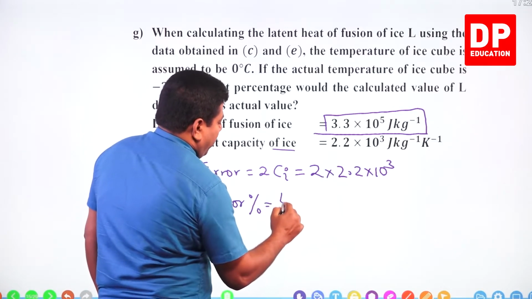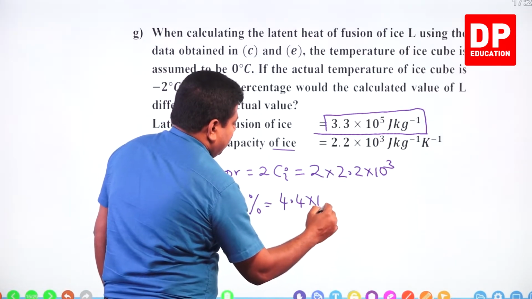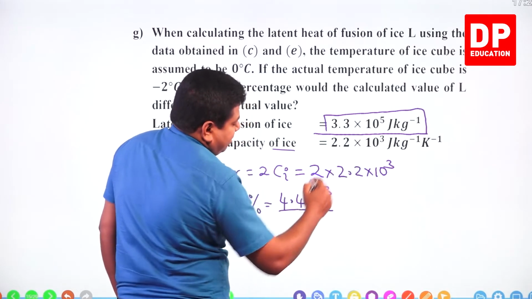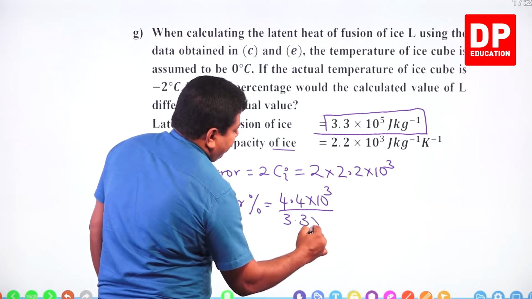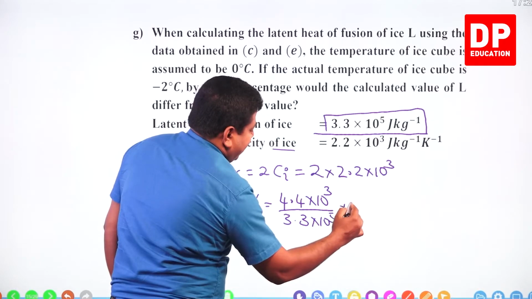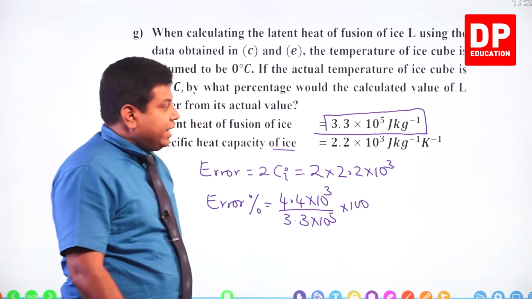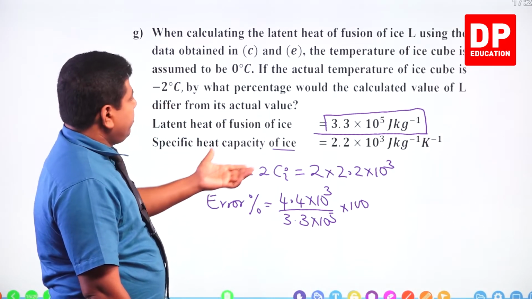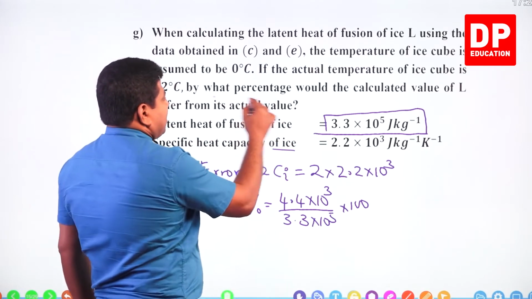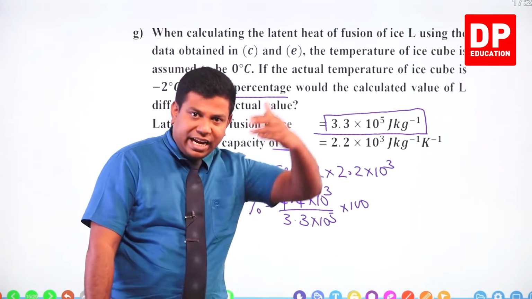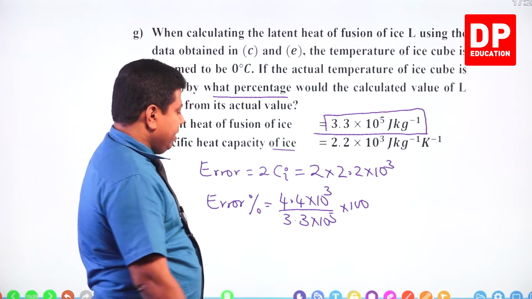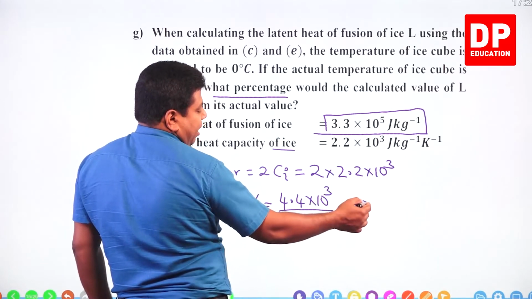Error is this 4.4 into 10 to the power 3, whereas the correct answer is 3.3 into 10 to the power 5. To get the percentage, multiply by 100. They said error percentage. By what percentage? So error divided by correct value into 100. That gives you 10 to the power 3, 100, 10 to the power 5.